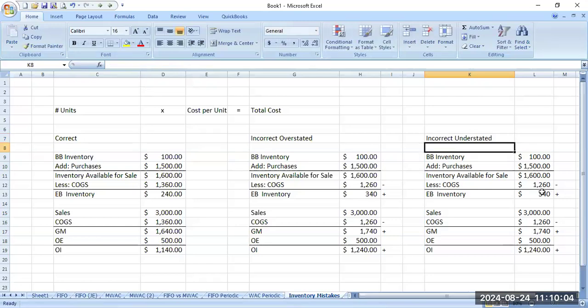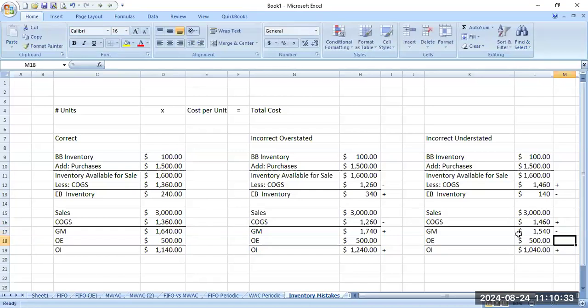So in this case, let's understate the inventory from 100 to 140. If that happens, now our inventory compared to the correct one is understated. Cost of goods sold now is overstated. When the cost of goods sold is overstated, gross margin is understated.